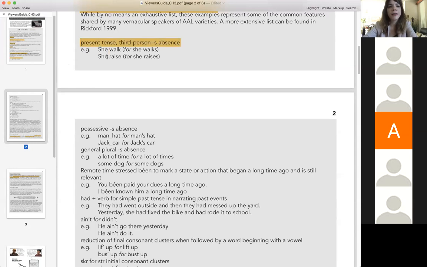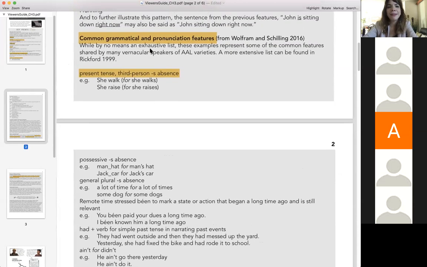Usually in subject verb agreement, si queremos agreement between your subject and your verb, when your subject is third person singular, your verb takes the morpheme S. Remember, we said this. However, in African American English, they can drop that S and say she walk en vez de she walks, to talk about somebody walking in the present tense.